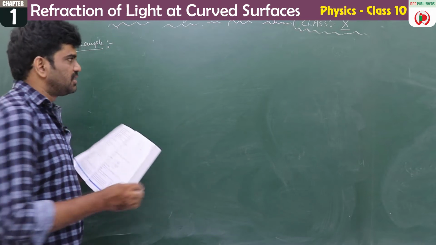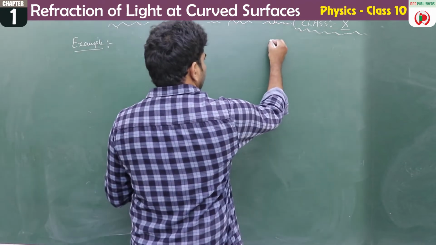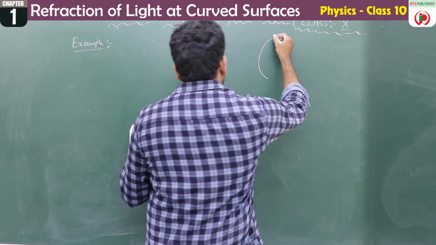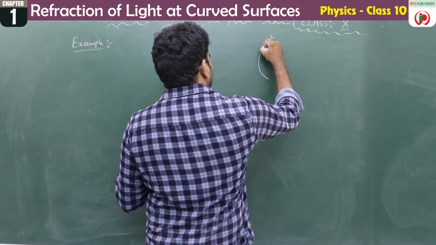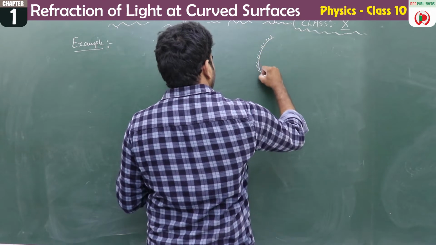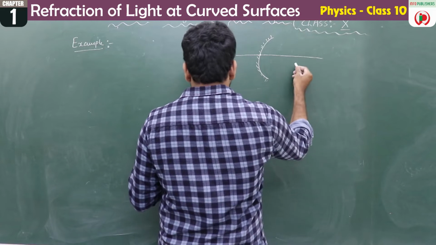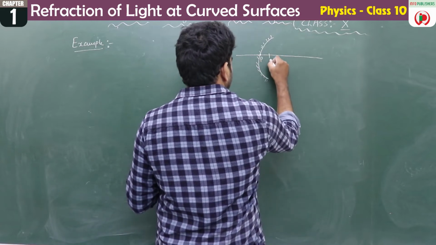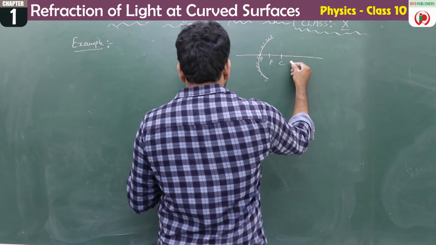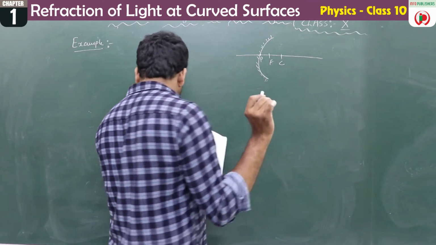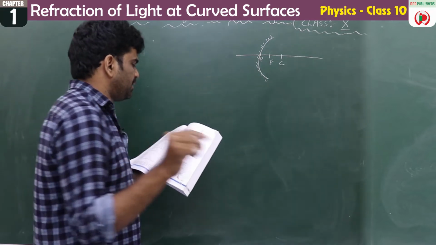So here, see children, this is concave mirror. This is pole, this is principal axis, and here this is P, and this is F, and this is C. Okay, and now see here, the object is placed 25 centimeters.